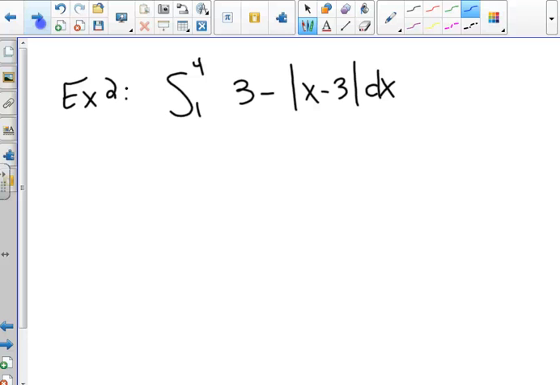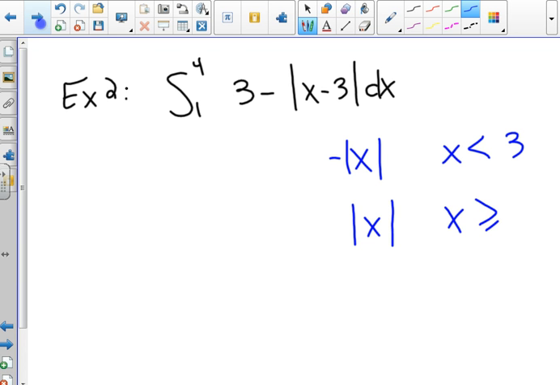So when you set up your two cases, we have the negation of your absolute value, where x is less than 3, and the second part, where x is greater than or equal to 3. Do you guys know how we got 3? You're just taking what will make the inside of that 0. So x minus 3 equals 0.